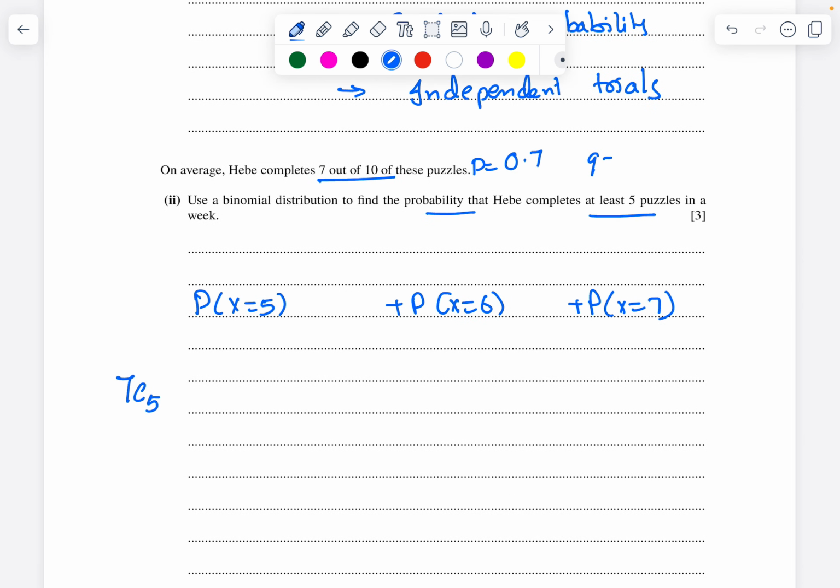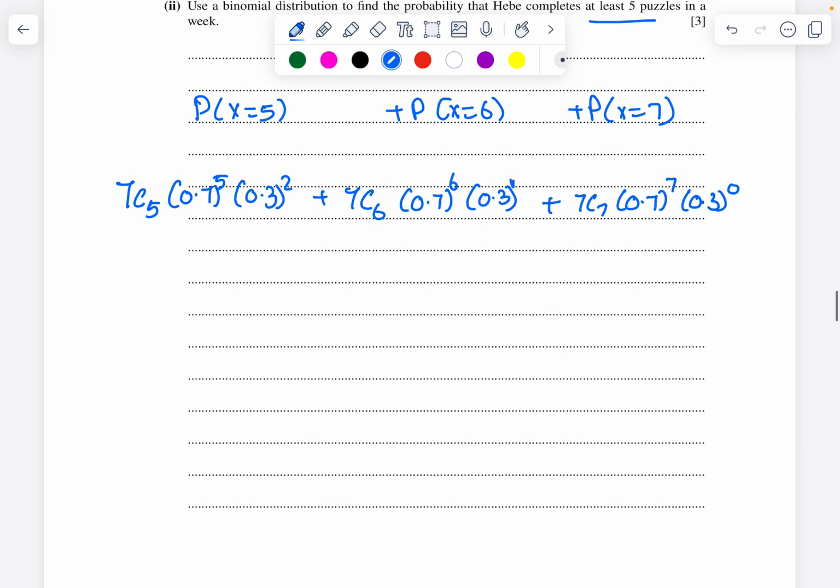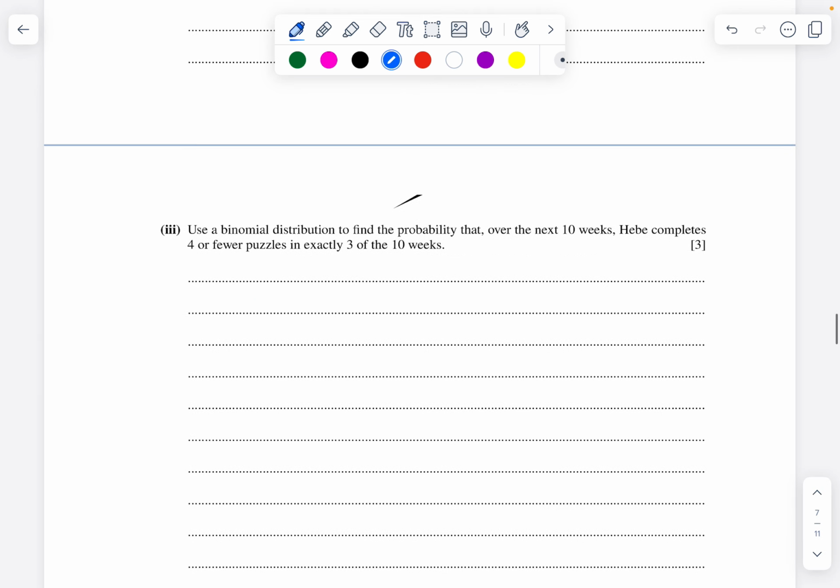Probability of success is 0.7, probability of failure is 0.3. 0.7 to the power of 5, 0.3 to the power of 2. Then 7C6, 0.7 to the power of 6, 0.3 to the power of 1. Then 7C7, 0.7 to the power of 7, 0.3 to the power of 0. Simplify that, you should be getting 0.647.